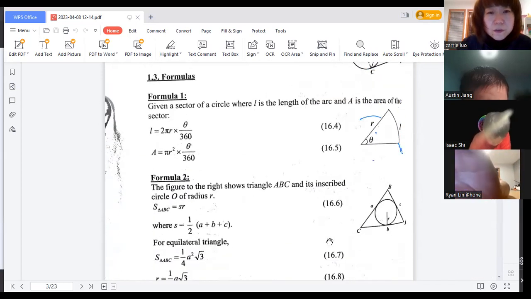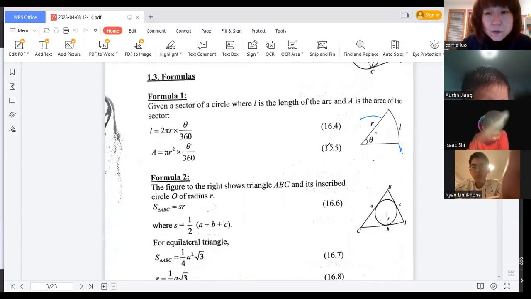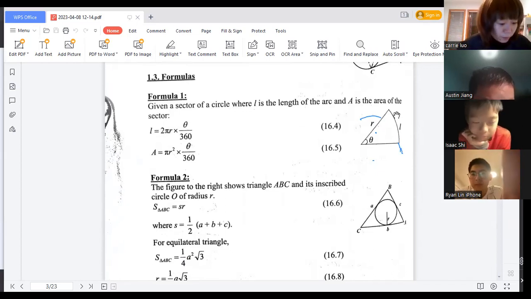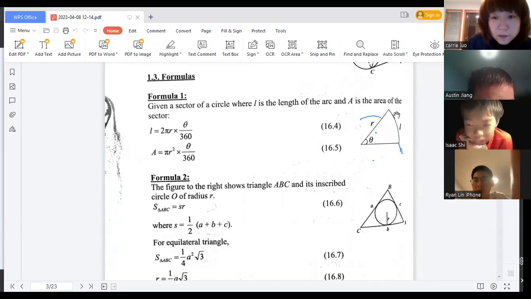Given a sector of a circle where L is the length of the arc and A is the area of the sector. So L equals 2 pi r times theta divided by 360. Okay, so we're talking about this one.